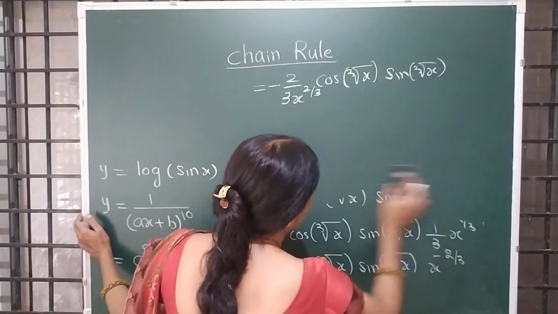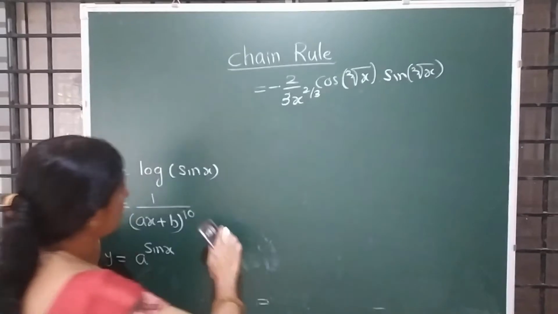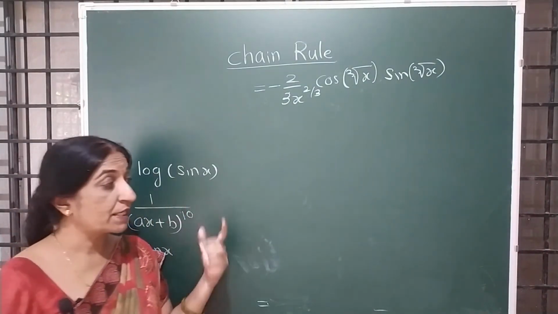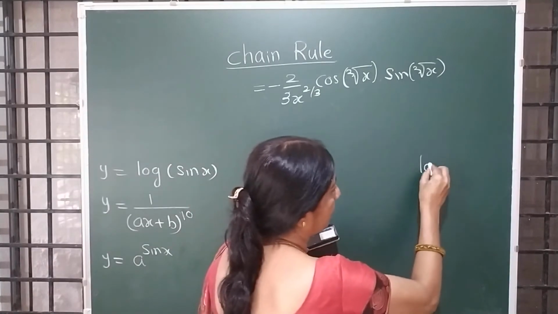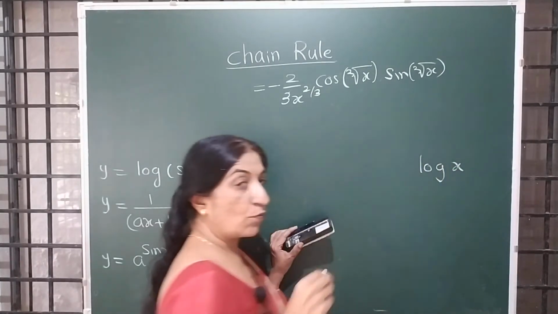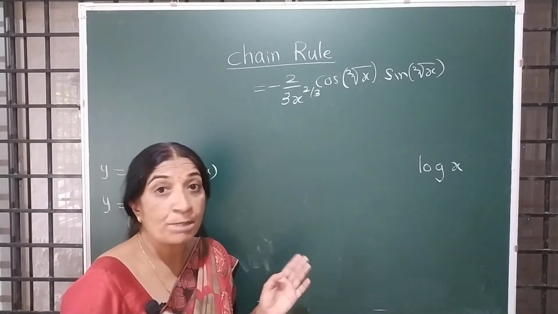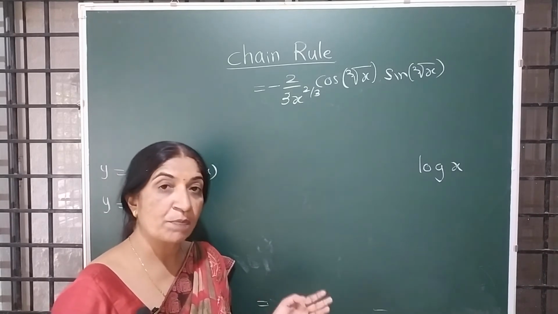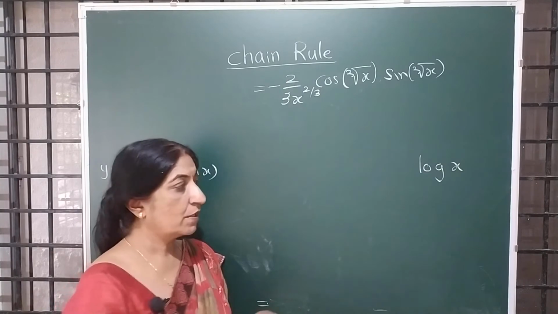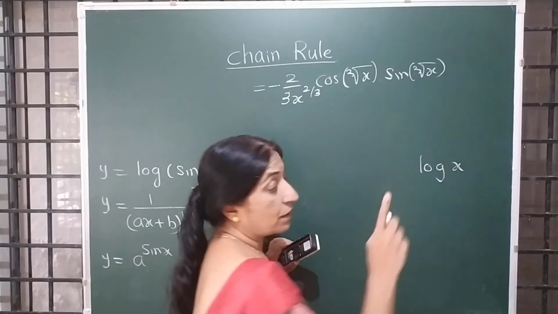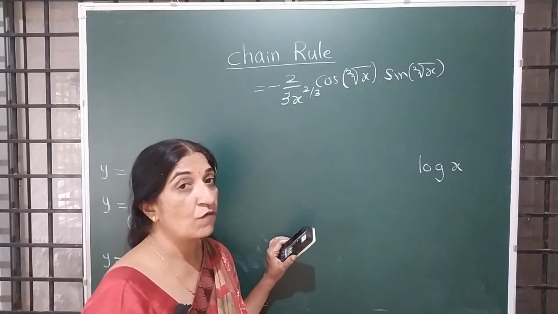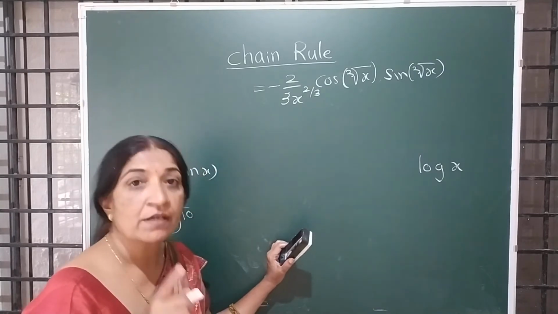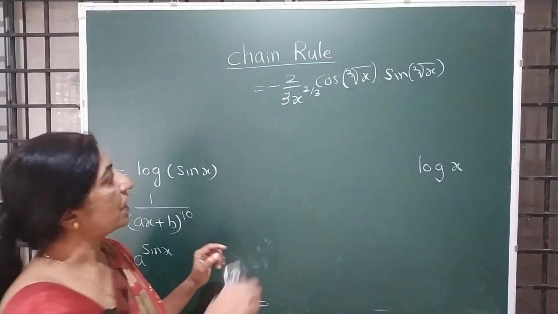See, moving to the next one. Here we don't have a trigonometric term outside. It is in the form of log, and there is no power. Correct? It is a simple log. There is no power means go to the log term. Differentiation of log x is 1 by x. In place of x, what do we have? In place of x, we have sin x.